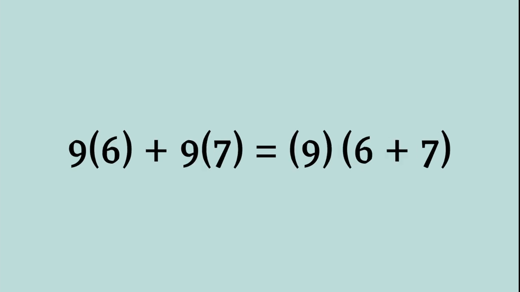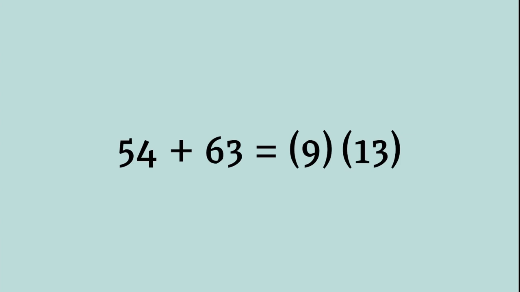Well, let's compare this with some real numbers, shall we? Let's say instead of y we had 6 again. Now this would be saying 9 times 6 plus 9 times 7 is equal to 9 groups of 6 plus 7. Let's solve for that very quickly. If we do all the multiplication, we will find that 9 times 6 is equal to 54, 9 times 7 is 63, and of course 6 plus 7 is 13.